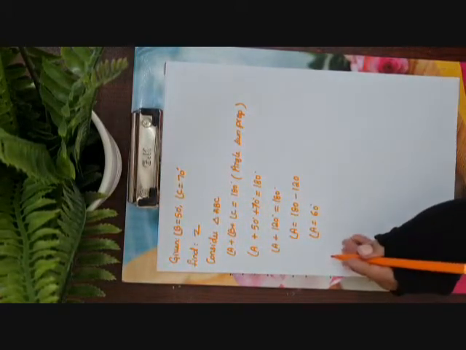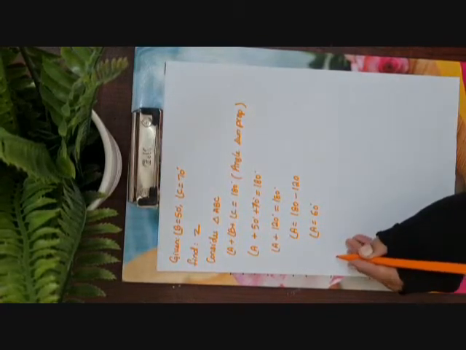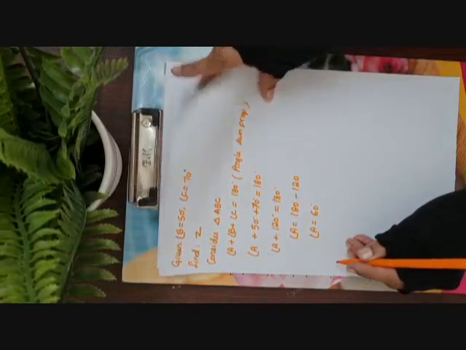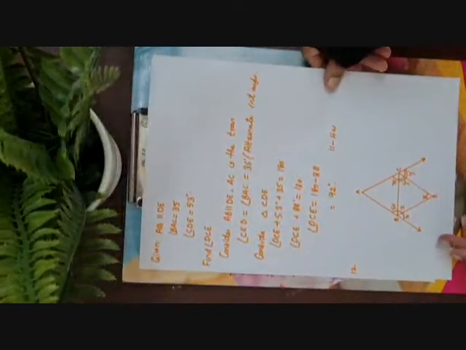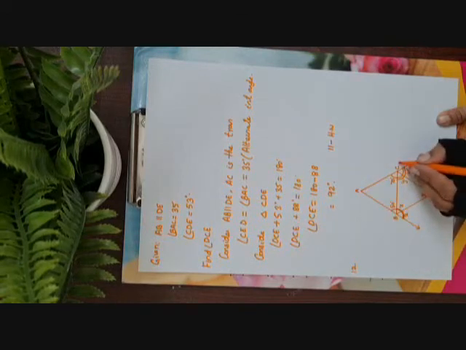Now we have another property, the exterior angle property, which says that the exterior angle of a triangle is equal to the sum of interior opposite angles. So if you observe this angle, this complete angle is the exterior angle for triangle ABC.